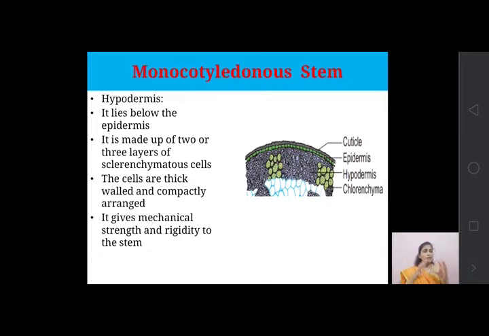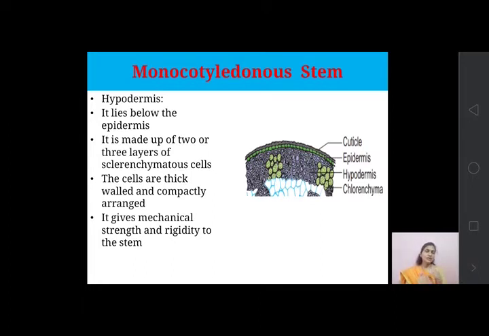So this type of arrangement is only for the protection and gives the mechanical strength and rigidity to the plant, because the stem is always facing external injuries and these external hazardous conditions or calamities. Okay, so that's why the stem has to become more protective in nature, so that it can protect the internal tissues and the whole plant body.